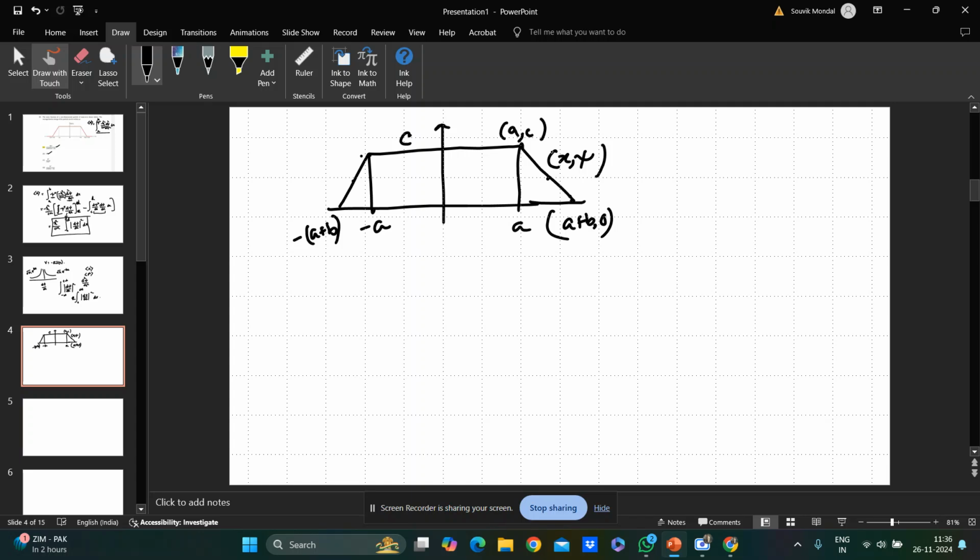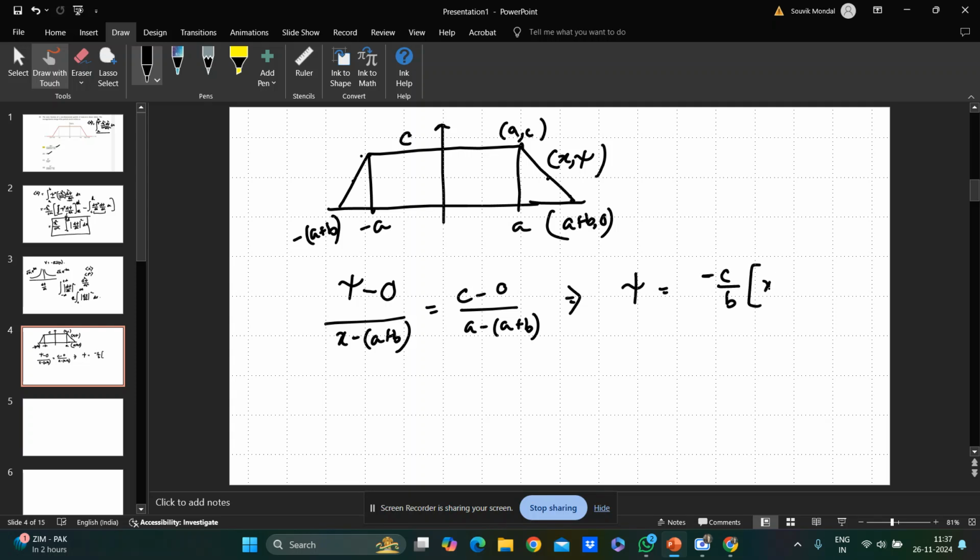So let us determine the equation of straight line. So phi minus 0 divided by x minus a plus b is equal to c minus 0 divided by a minus a plus b. So that will give you psi is equal to minus c by b into x minus a plus b.